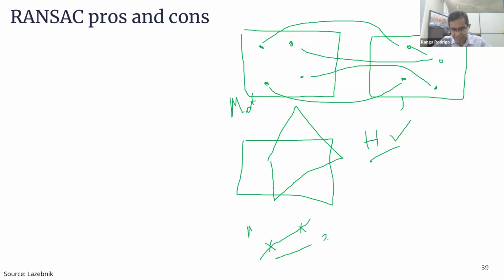The line needs 2 points, while this needs 4 matches, not points. But when this is given, computing the line is straightforward, a closed form solution. This one is also more or less a closed form solution. So if you can do the sampling, computing the model is a closed form solution.